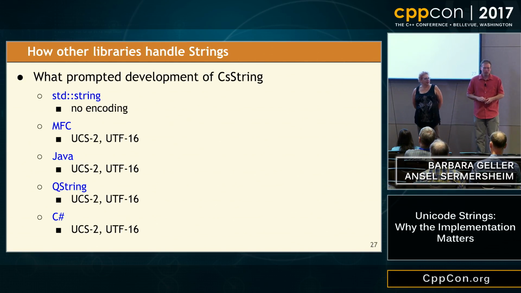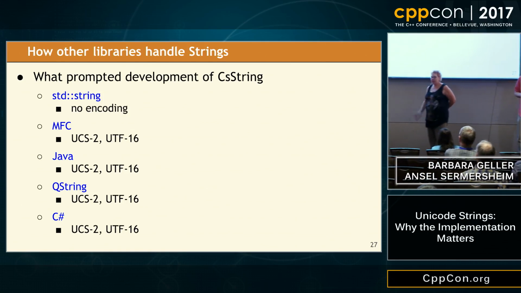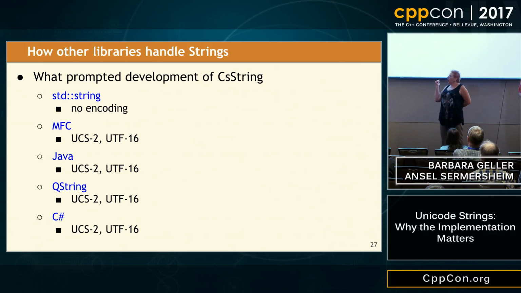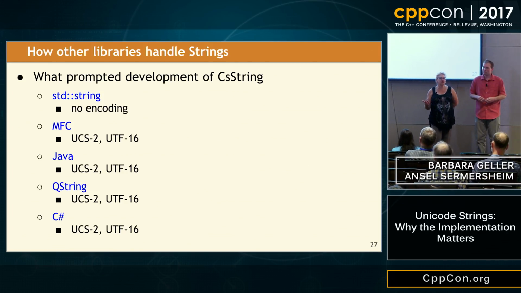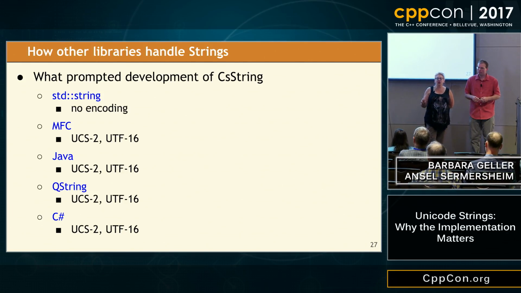So we looked at other libraries. Well, as I said, std::string has no encoding. What does Microsoft do with MFC? Well, they started on UCS2 and they moved to supporting UTF-16, mostly. QString in Qt started out as UCS2. They have migrated to UTF-16. There's a few issues, though, and that has to do with surrogates.